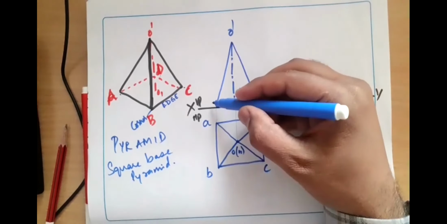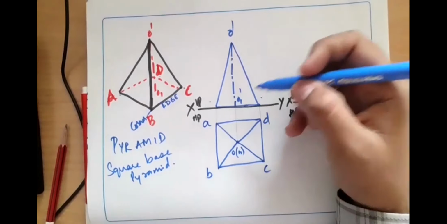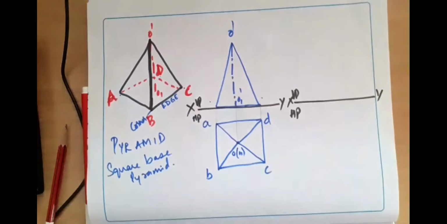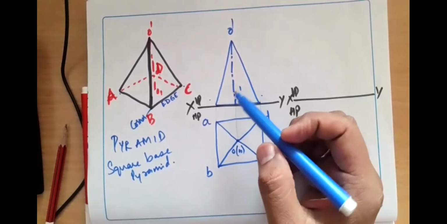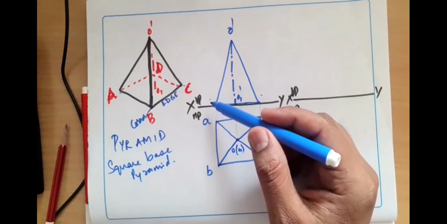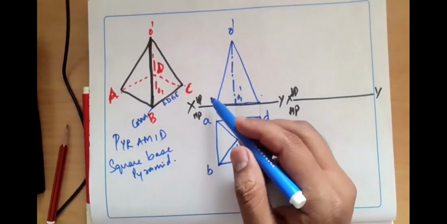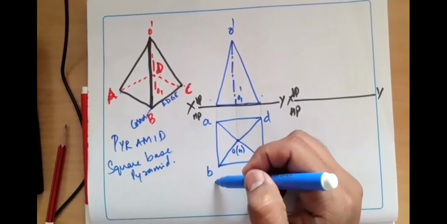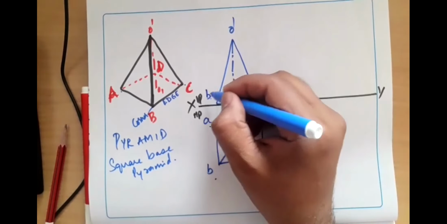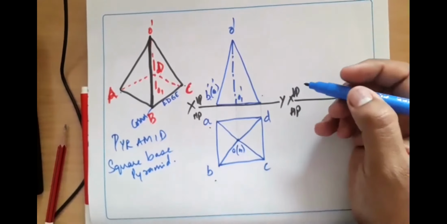Now I'll start naming this. Can anybody name the left hand side and right hand side of this front view? First you are seeing B and then A: B dash of A dash. B of A, and then along with the dash.